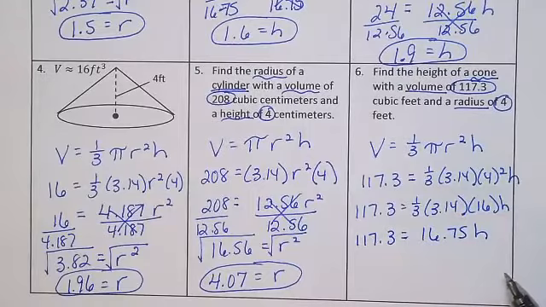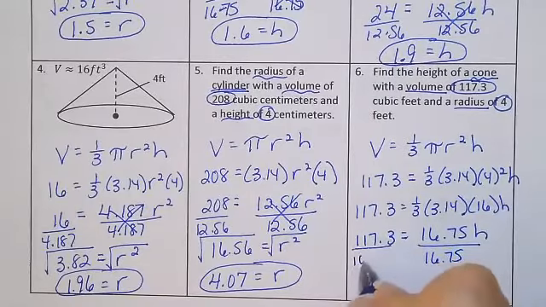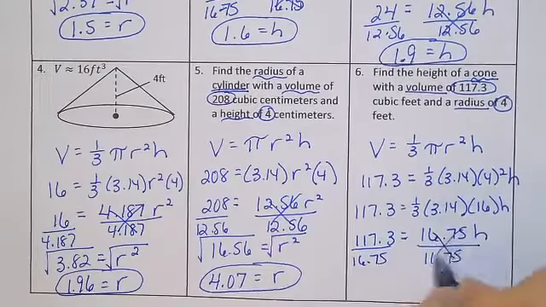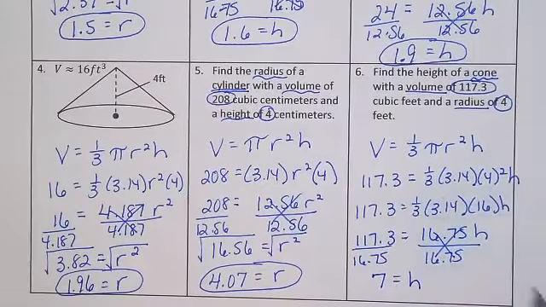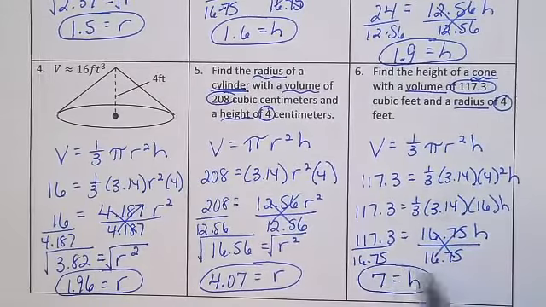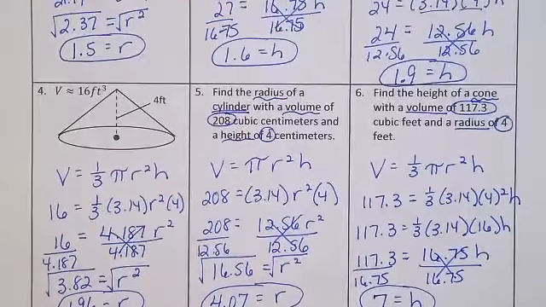That gives me 16.75 times height. And now we're going to divide both sides by 16.75. That gives me 7. So the height of that cone is 7 feet. And that is how you find a missing dimension when given the volume.